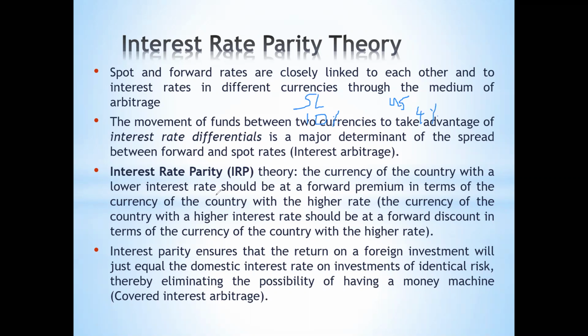In this description it says low interest rate, but in my example I'm taking the highest interest rate. The Sri Lankan interest rate is higher than the US interest rate. If so, in order to maintain this interest rate parity condition, like the purchasing power parity condition, the Sri Lankan rupee needs to be set at a forward discount in terms of the US dollar.